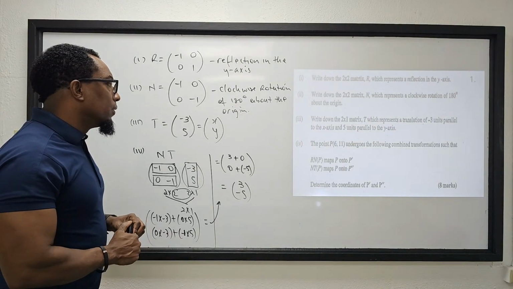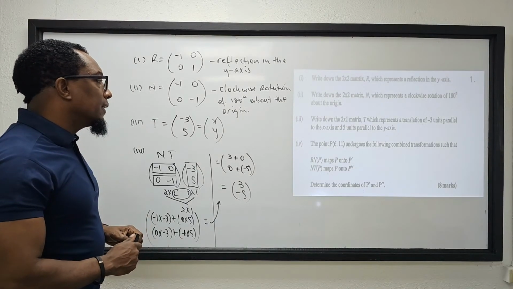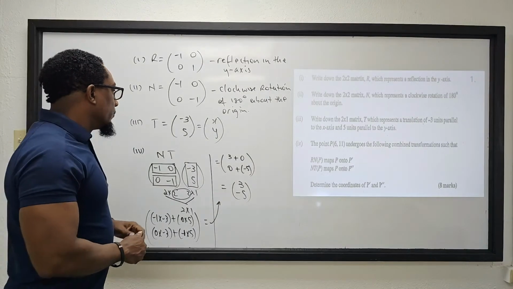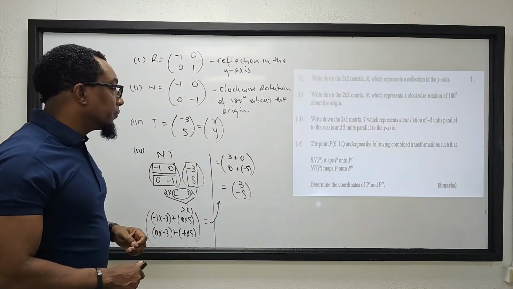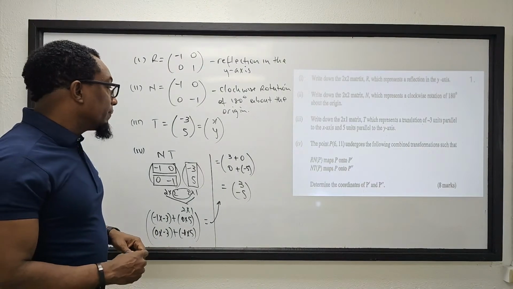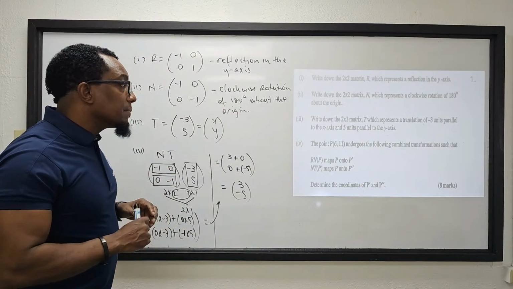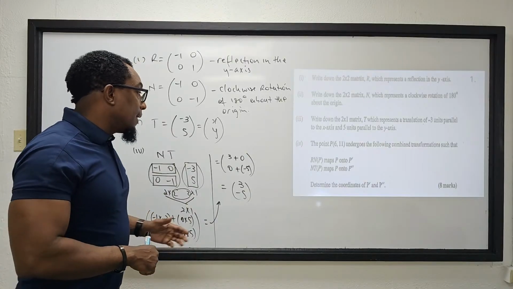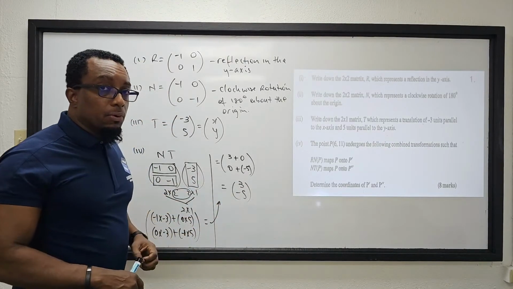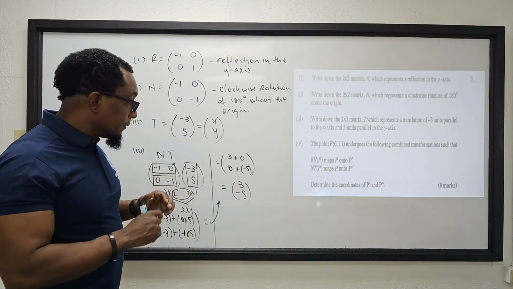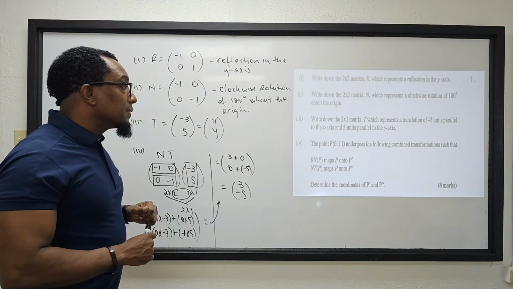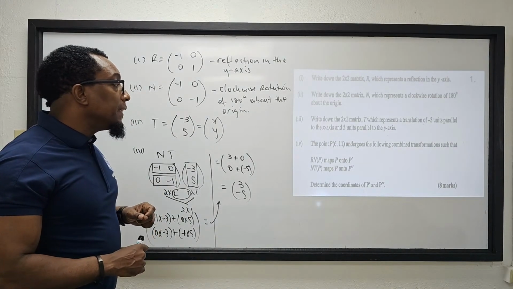So the combined transformation NT, of course, will be what we have here, which is 3, negative 5, and of course the combined transformation NT will be a 2 by 1 matrix as you see, or a vector transformation, right? So what we want to do is to map P onto P double prime.